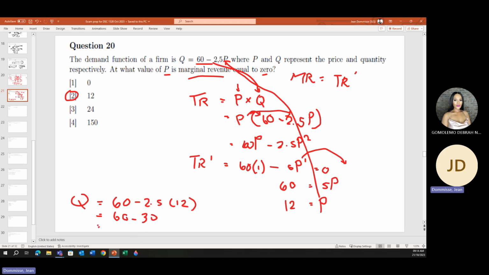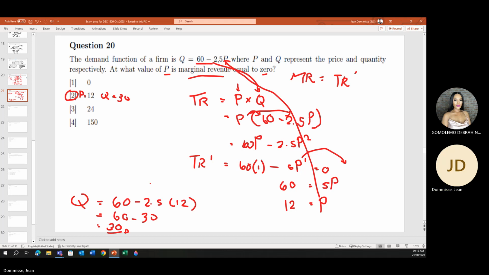So if we needed to work out what Q was, it would have been 30. We didn't need it for this question, but just if needed, and if I ask you what is the value of Q when marginal revenue is equal to 0, you have that as well. Because again, they could have asked you to work out P and Q. So they don't only need to stop at the one. They could have asked both to calculate.